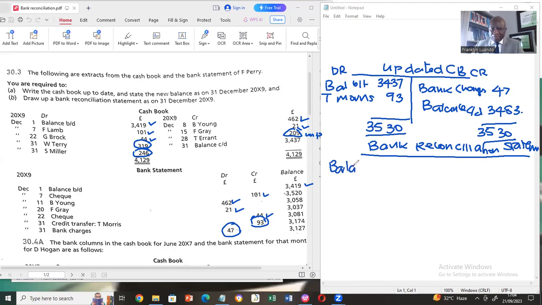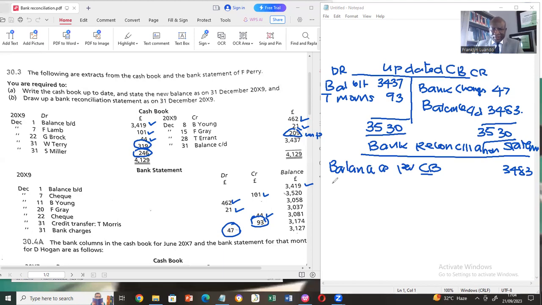Balance as per cash book, which is 34.83.